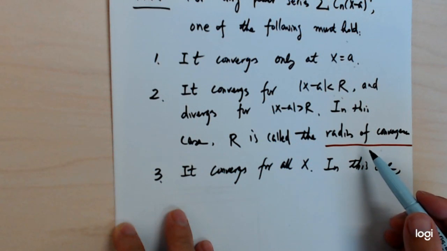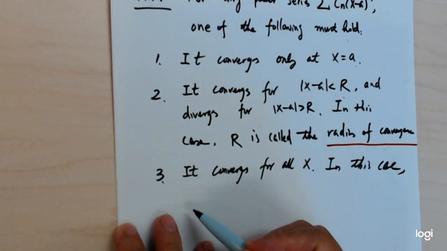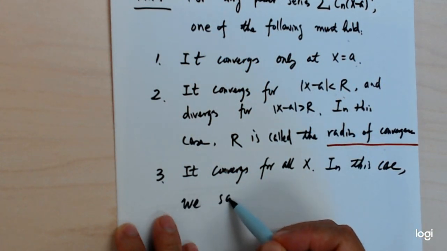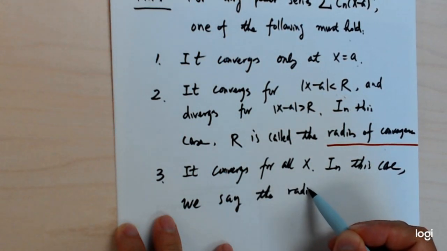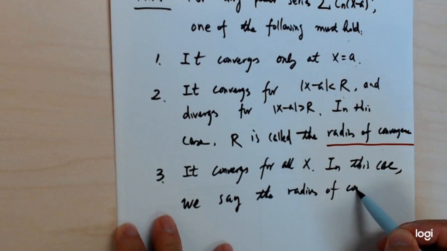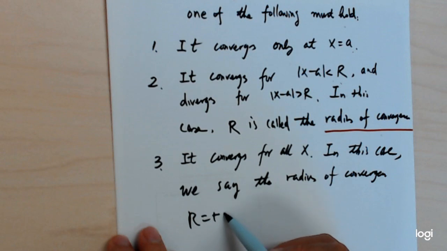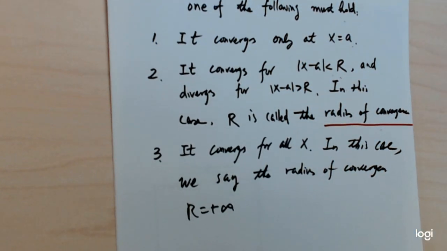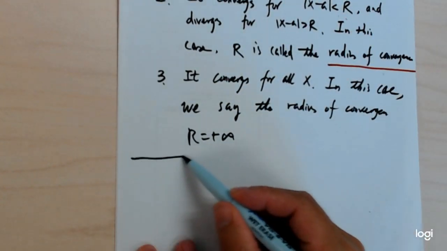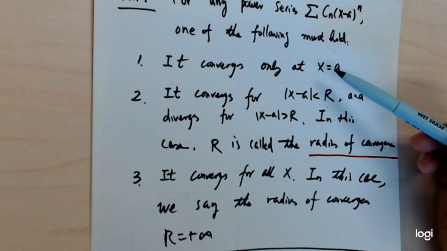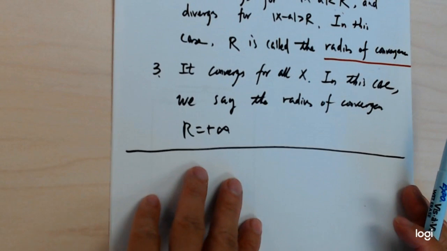If it converges for all real numbers, we say the radius of convergence R is infinity. So 3 scenarios: converges at a single point, converges on some interval, and converges for all x.